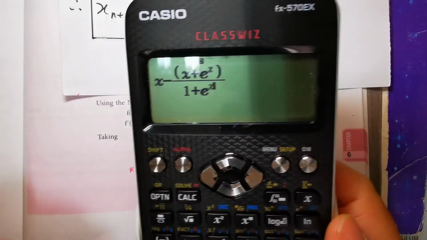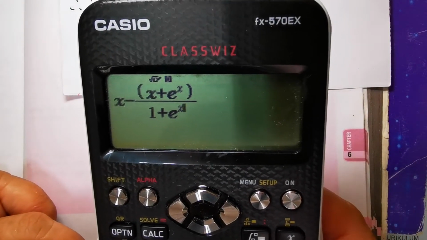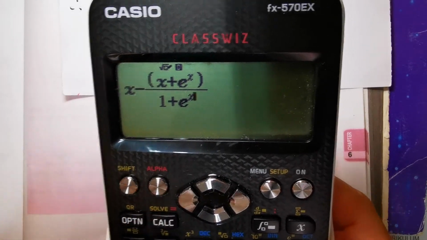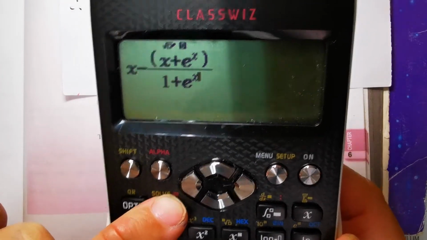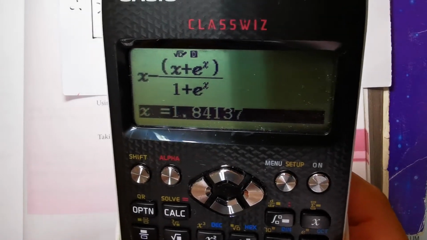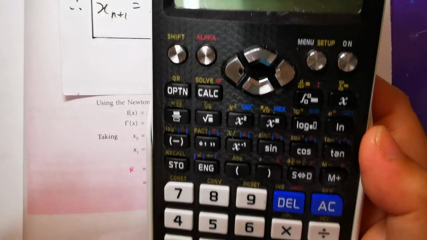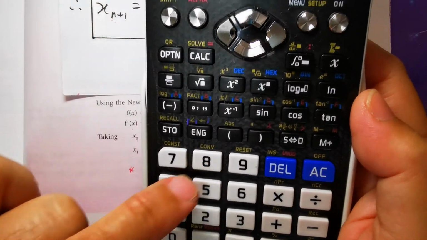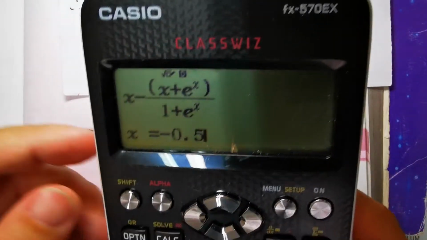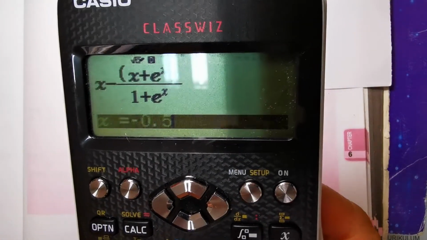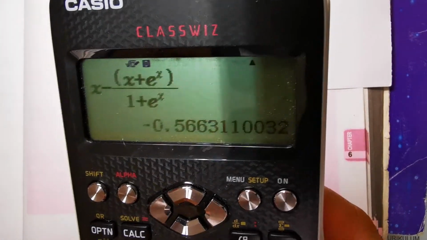See that? You can set this formula into your calculator. Alright, then each time you just press calculate. Remember the calculate button, press calculate. They ask you what is the x that you want to use. So just now the first approximation is -0.5. See? -0.5. Okay, press my calculator. I have to press twice.